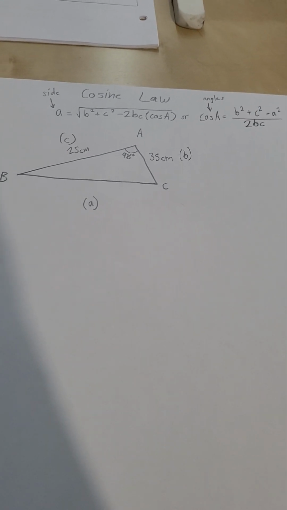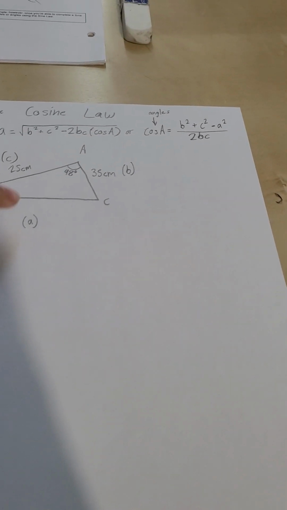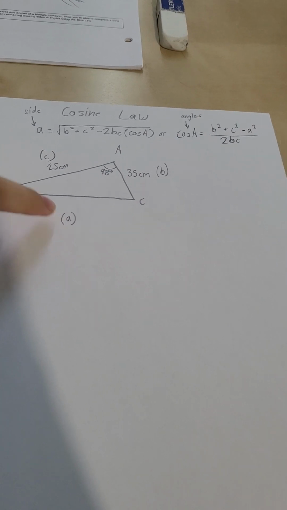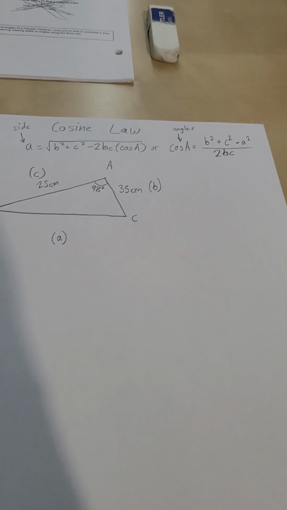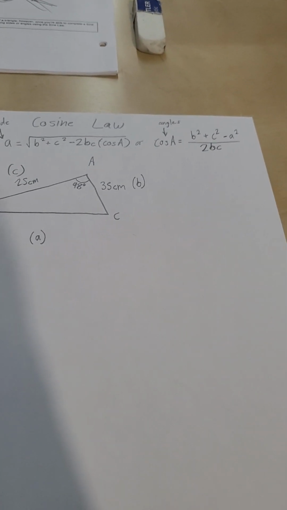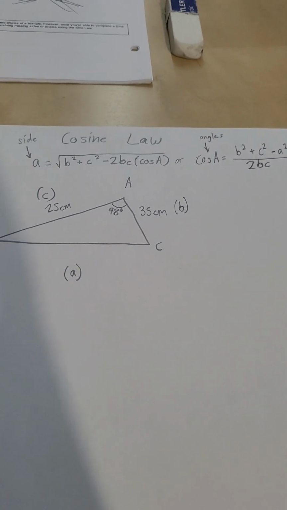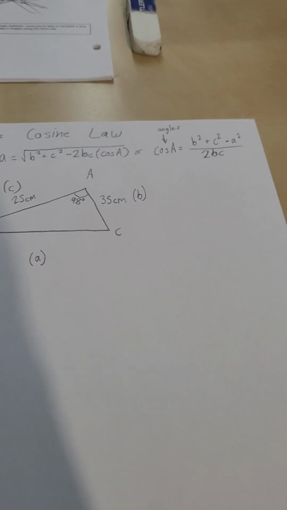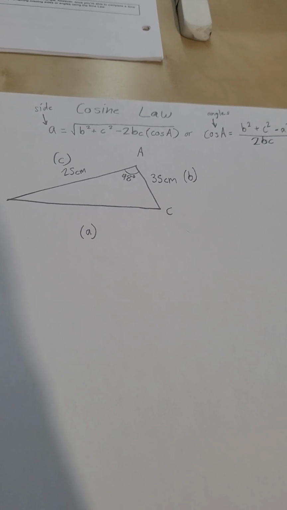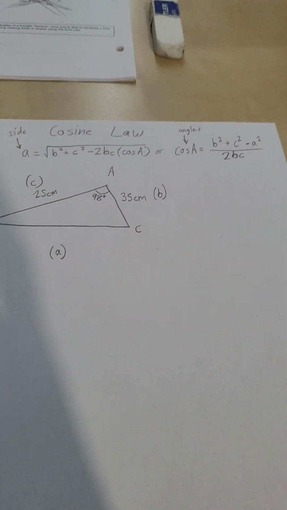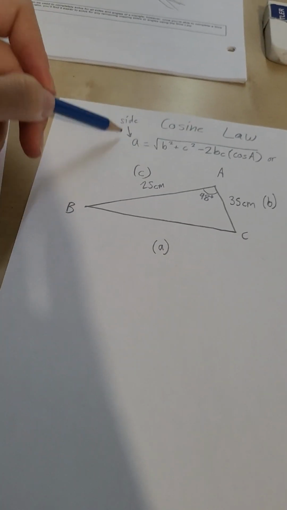First we need to find a side, because in this situation other angles aren't really that important right now. You can use the angle one for a different situation, but it's better to use the side one.